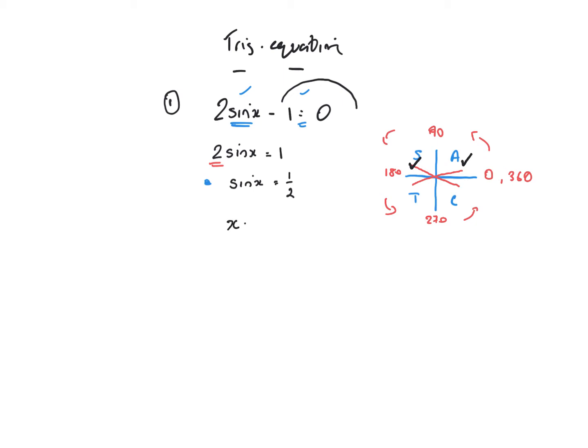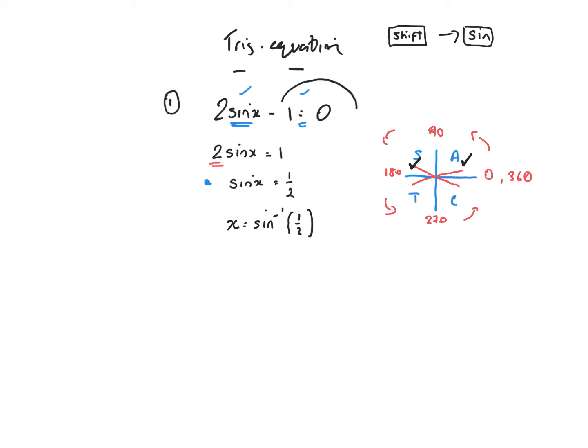Okay, our next move is to do x equals sine inverse 1/2. So in your calculator, what you're looking to do is hit the shift button. That might be shift, it might be second function, or inverse, hit that. Then after that, you want to be hitting the sine button. Now at that point, the calculator hopefully will open up a bracket.